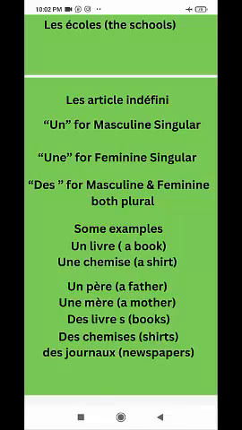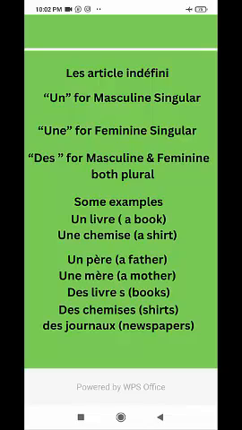Une chemise, a shirt. Un père, a father. Une mère, a mother. Des livres, books. Des chemises, shirts. Des journaux, newspapers.